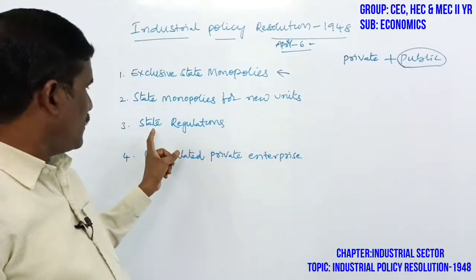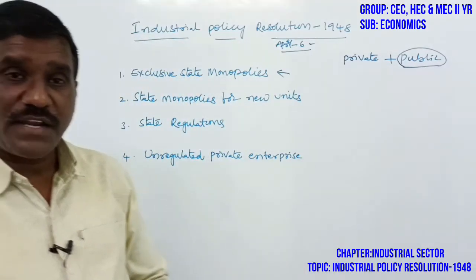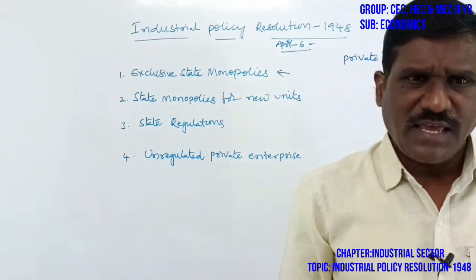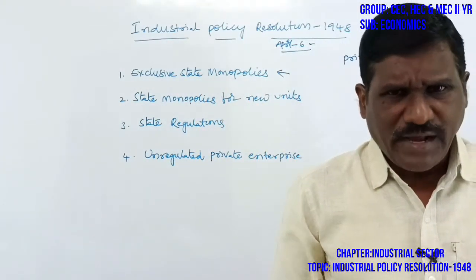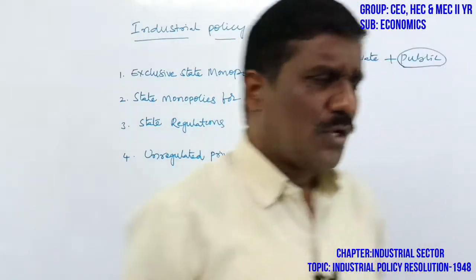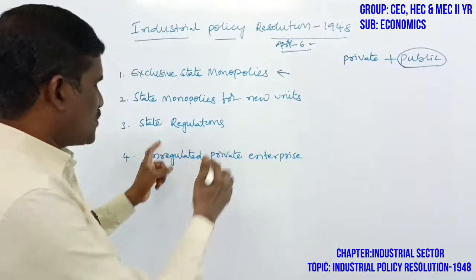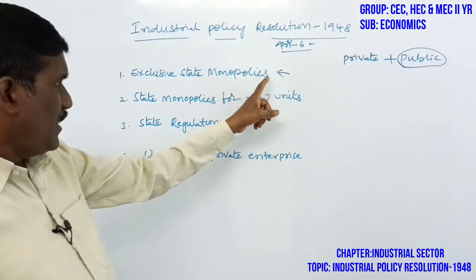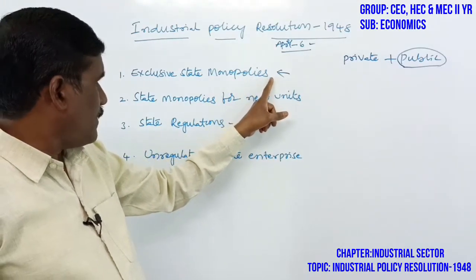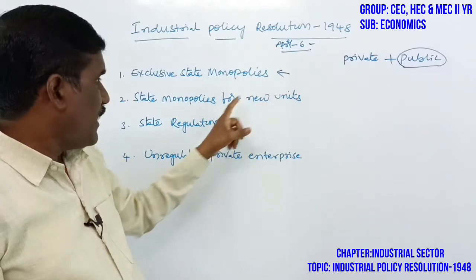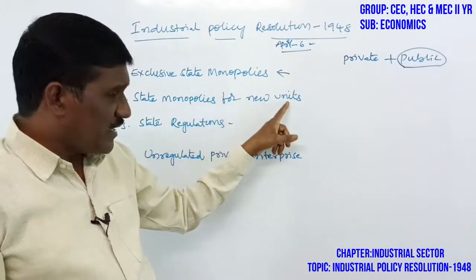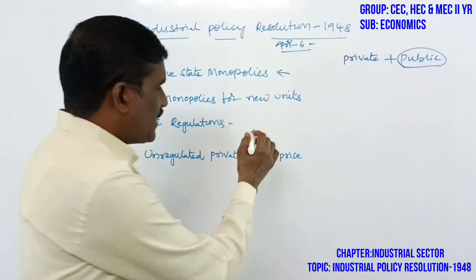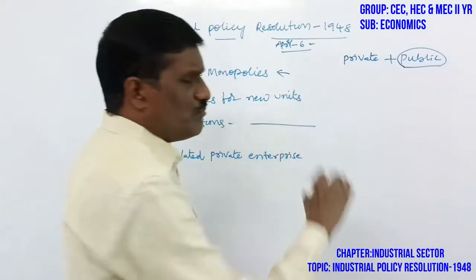Then third, state regulations. According to the state regulations, paper and cement, electricals and other industries come under the state regulations. Defense industries come under the government sector, the state monopoly industries come under the government sector, and the state regulated industries come under the government sector.